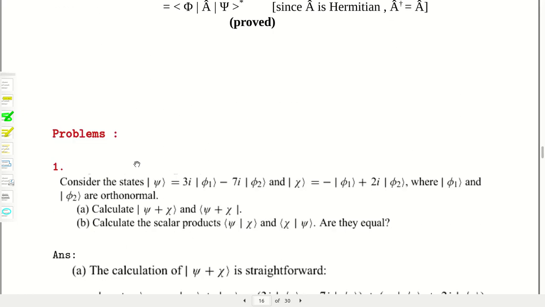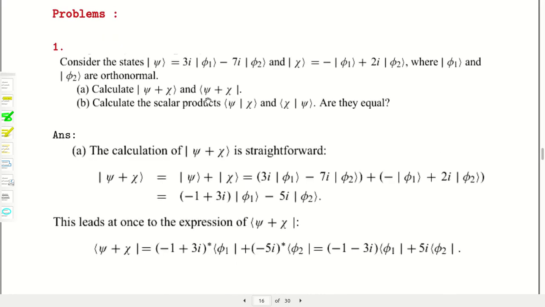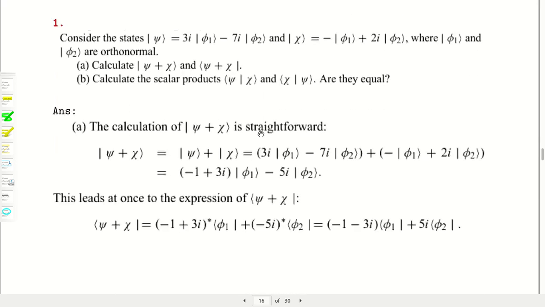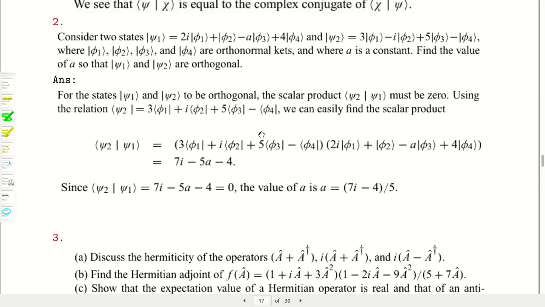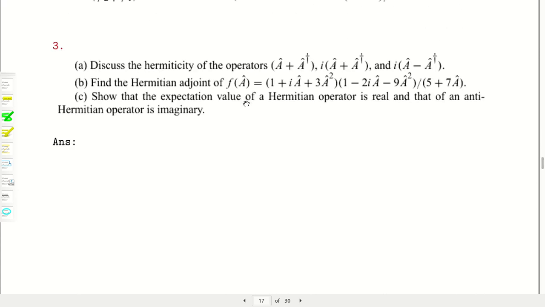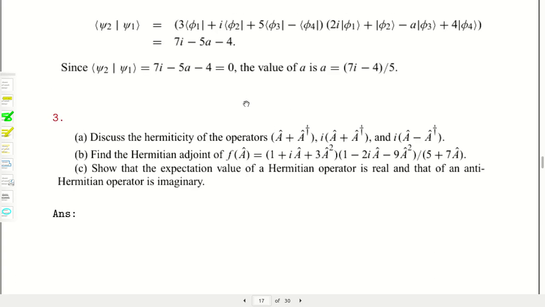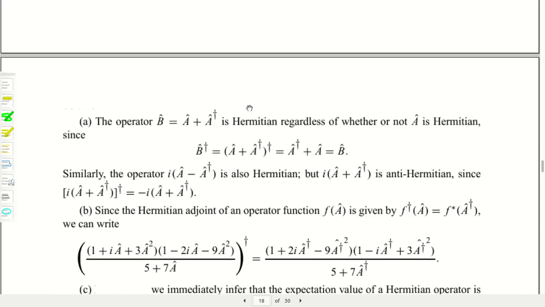There are problems regarding the matrix representation in bracket notation. You can do them on your own; they are just straightforward problems, and by doing these basic problems yourself, you can understand what is meant by bracket notation, what its features are, and how to be careful in dealing with it.